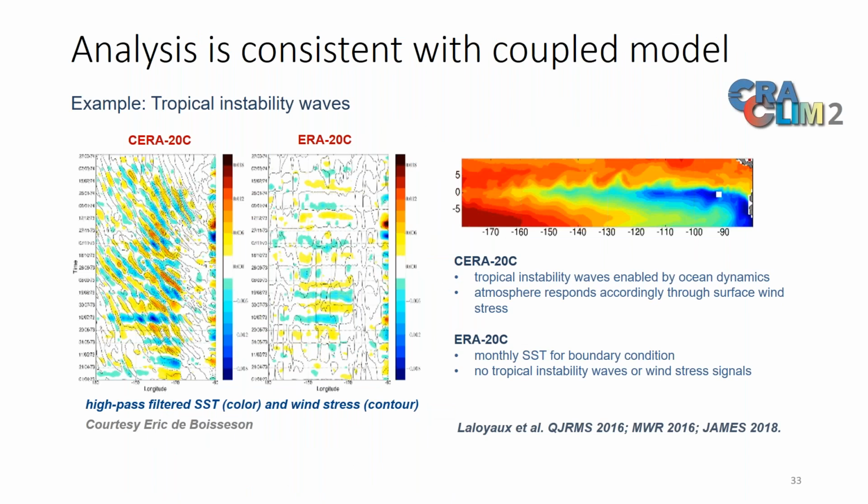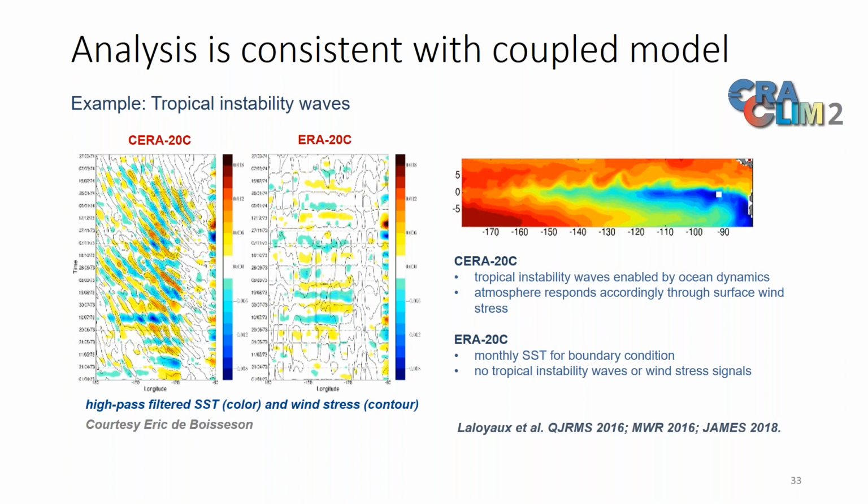This is just an example of what can happen. So this was done in the ERA-CLIM project again, and we did both a century-long atmospheric reanalysis just for the atmosphere with monthly boundary conditions as usual for SST, that's ERA 20C. So that's the typical thing. You have monthly information about SST and you do essentially interpolation to get the daily boundary conditions, and that cannot be physical.